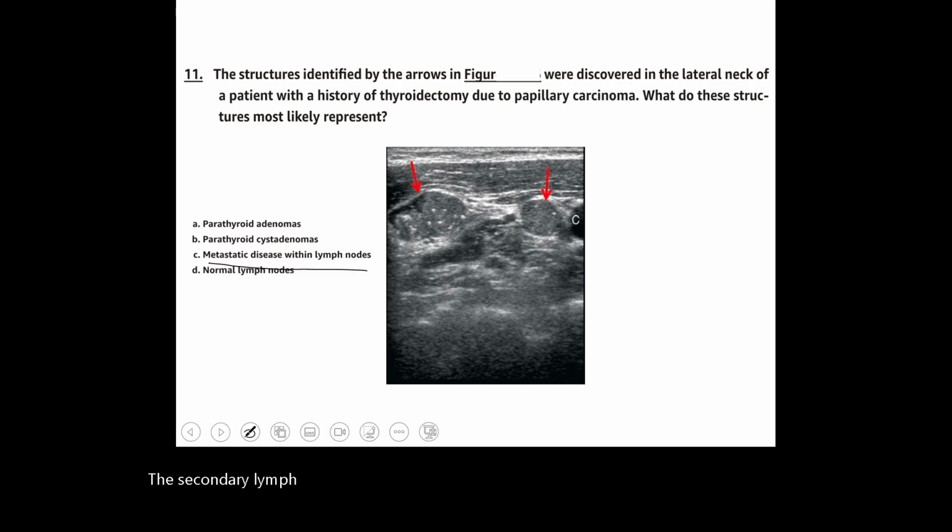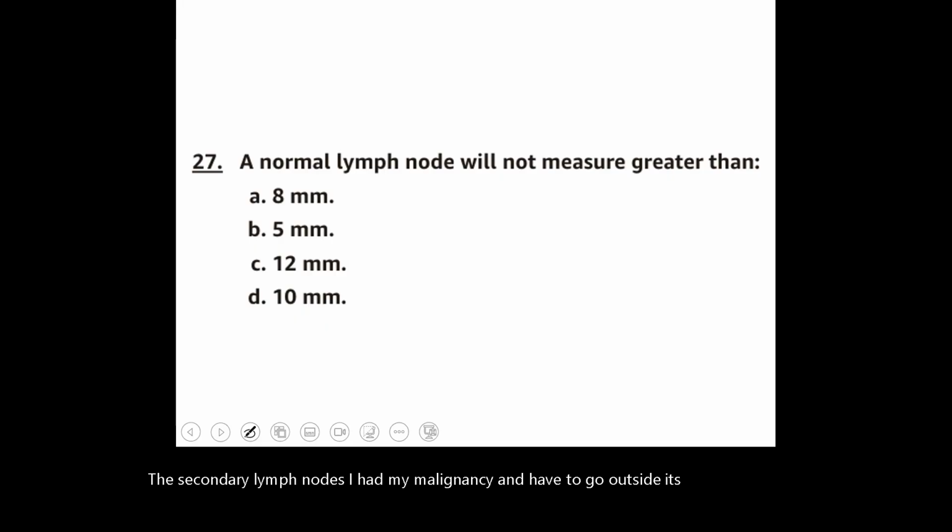We have a malignancy that has to go outside its place through the lymph nodes. Yes, exactly. So these are the very small things we did today. So we can just wrap it up and close it, right?